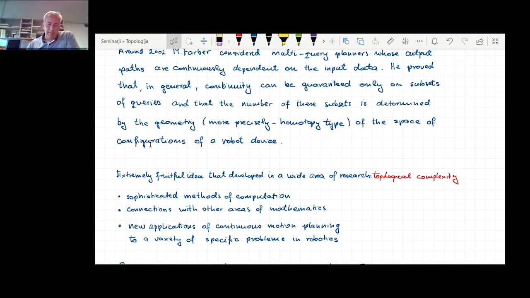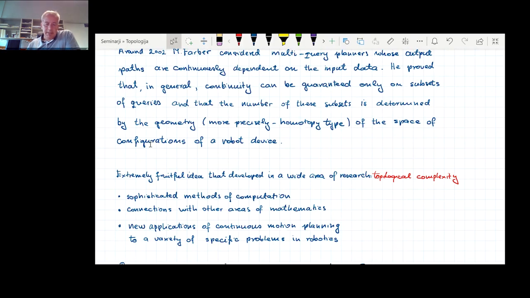And then maybe something which is closer to this initial motivation is to find different applications of this topological complexity concept, or of this continuous motion planning, to actual problems in robotics.